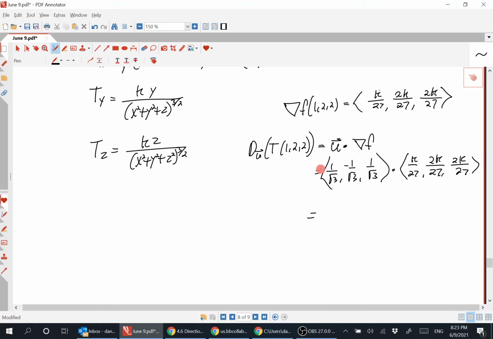So this becomes k minus 2k plus 2k. So that's k over 27√3. All right, so it's degrees Celsius per unit traveled or whatnot.